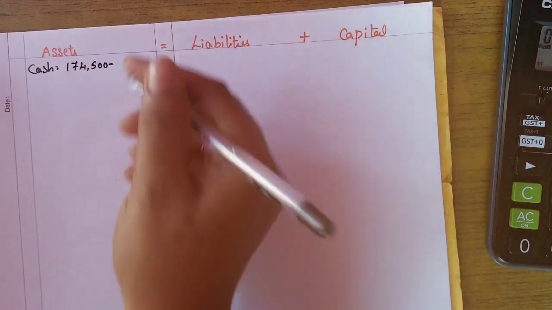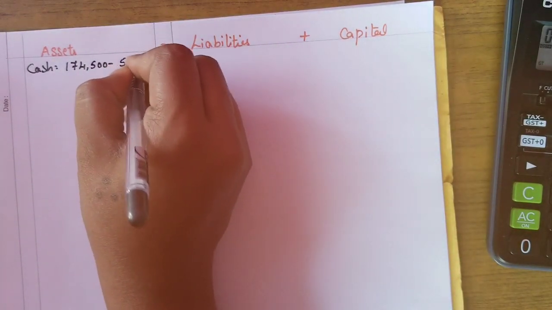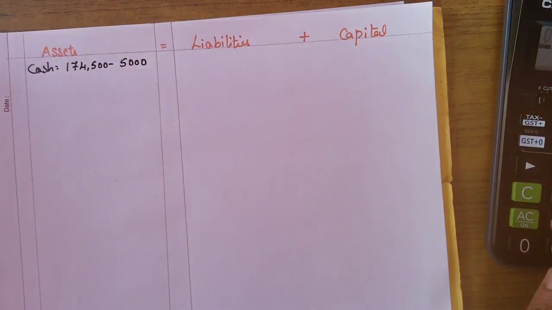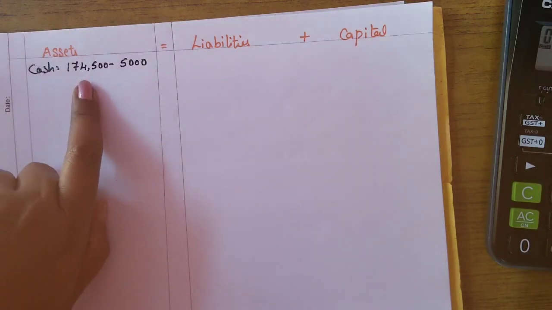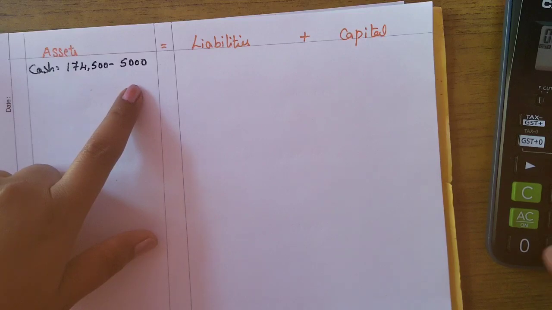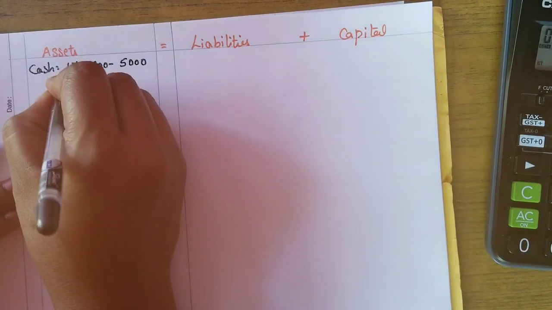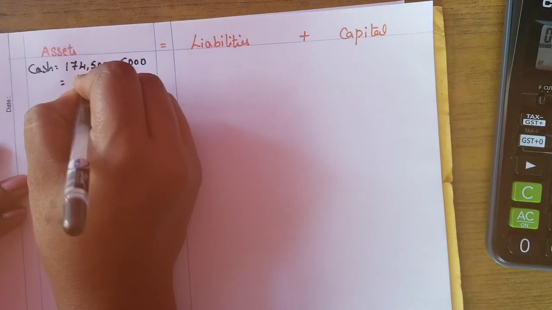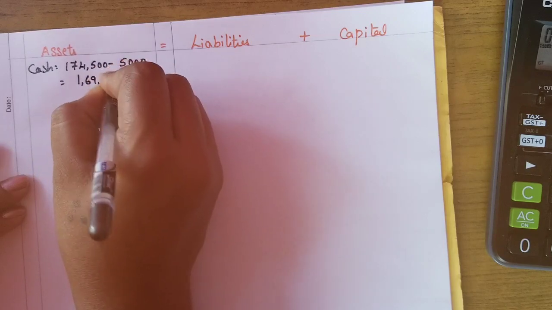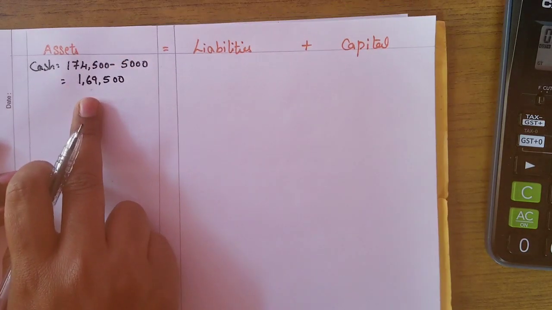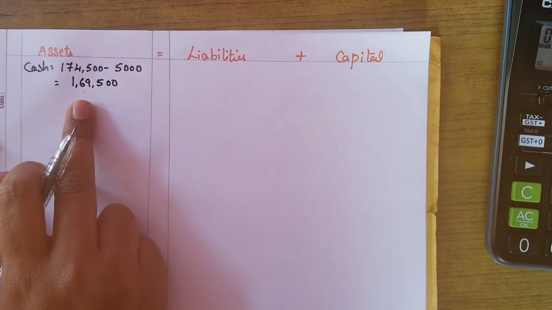In this we are paying rent rupees 5,000. So cash will be affected. We have to deduct that cash. So 1,74,500 minus 5,000. You will be getting 1,69,500. This is the remaining cash balance.